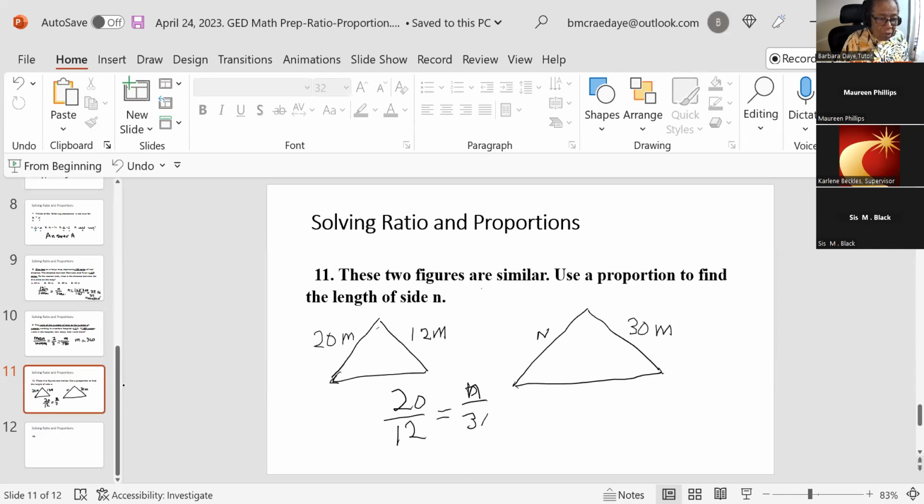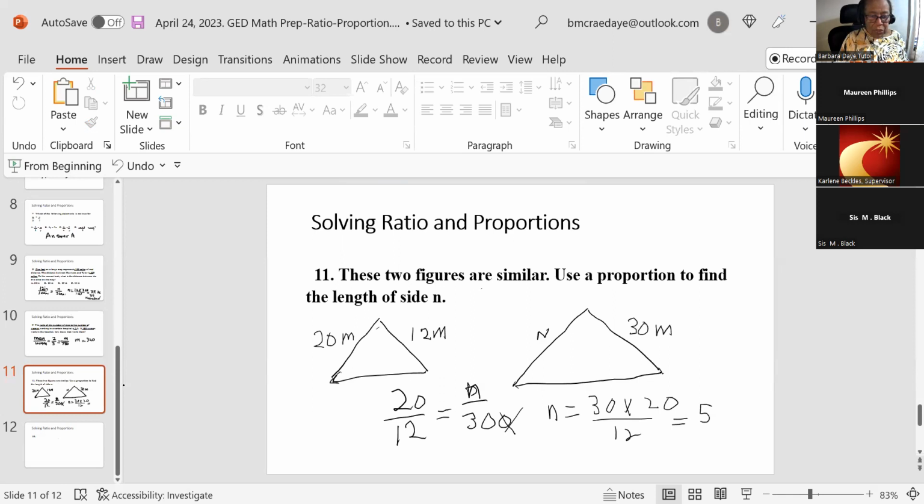So it's 600 divided by 12, right? So N equals 30 times 20 divided by 12, and that gives you 50. That's your answer.